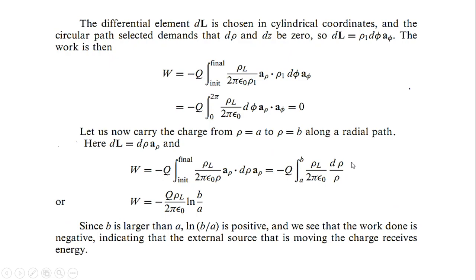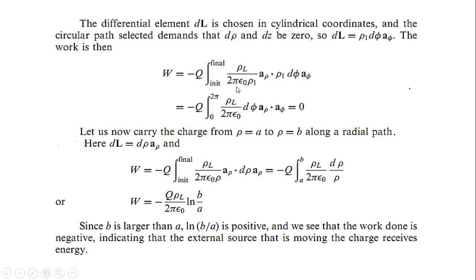So the differential element dl is chosen in cylindrical coordinates, and the circular path selected demands that d rho and dz be 0 because we are moving the charge over the circular path. So dl will be equal to rho d phi a phi, and rho is the radius of the circular path. So the work is then W equals minus q integral of E dot dl.